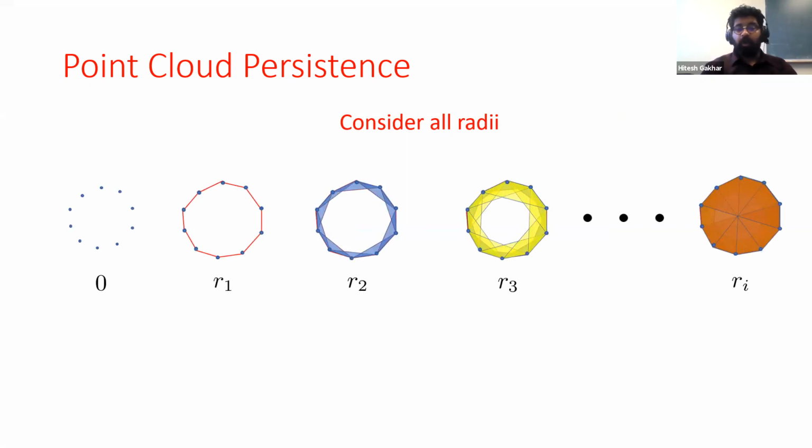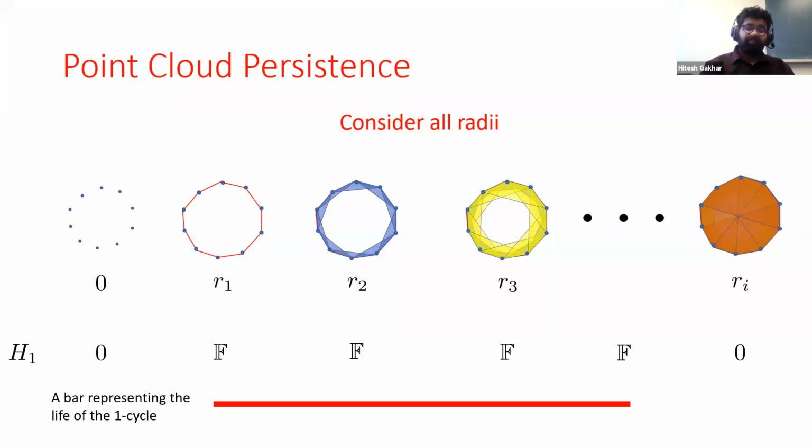So the idea was to choose all possible radii, consider their Čech complexes at each of them, and then track any homological activity that we want. When we track it, we get a bar for every homological feature that appeared at any time.